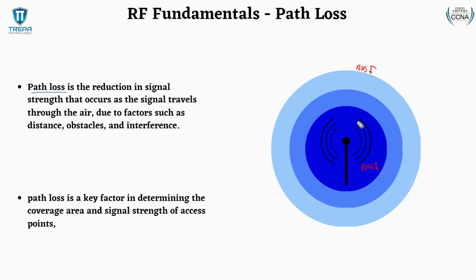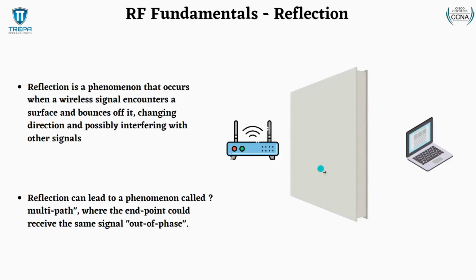So why did it lose? Why did it attenuate and get weaker? It just naturally happens through distance, through air, and path loss can include the obstacles and other interference, like other signals interfering with it. But path loss is just a good way to describe, like, hey, from my access point all the way to office B, we have this path loss interference.